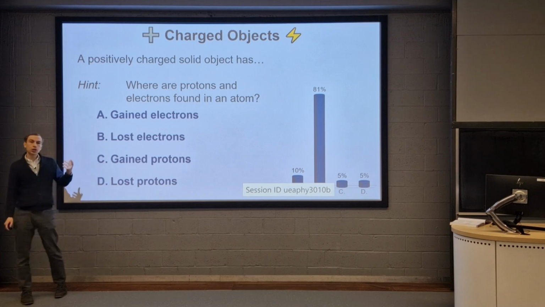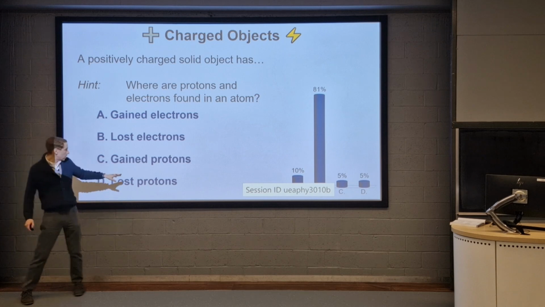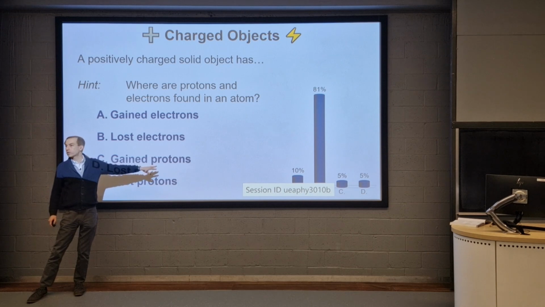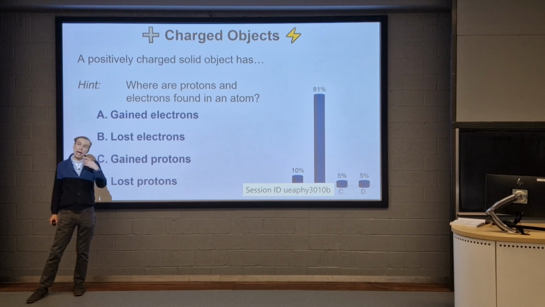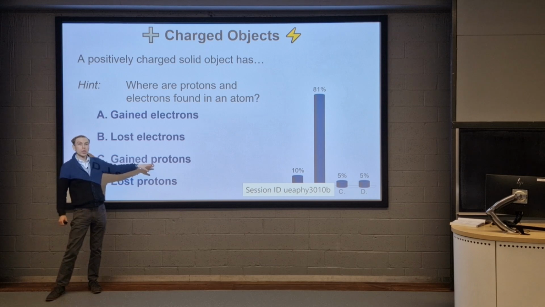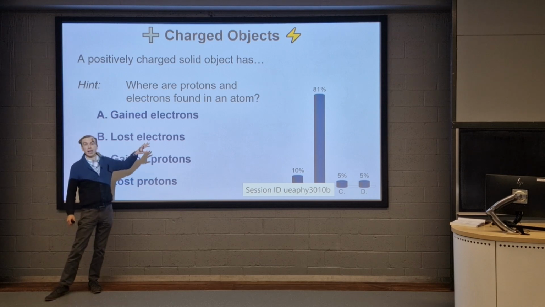Now, the convention is that, and I guess the name gives it away a bit here, in an atom we've got protons, and they're positively charged. But they're in the nucleus of the atom, so in the middle of the atom. And in general, in an atom, however many protons we have, we have the same number of electrons.